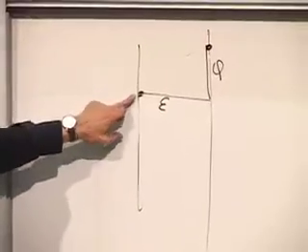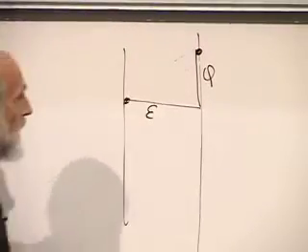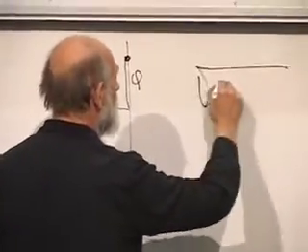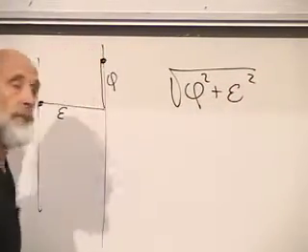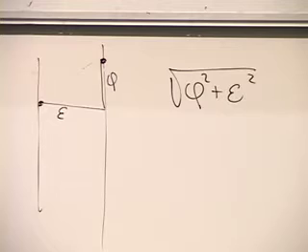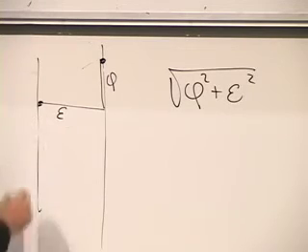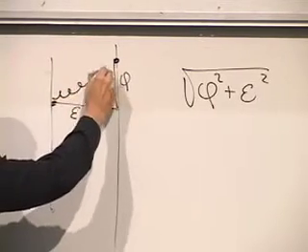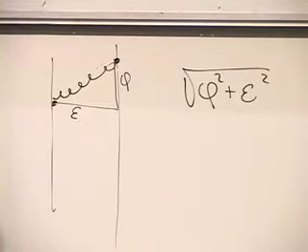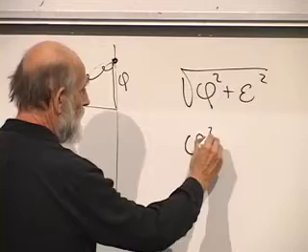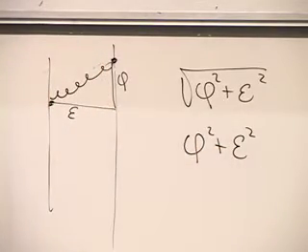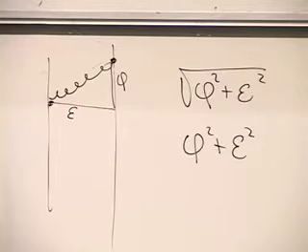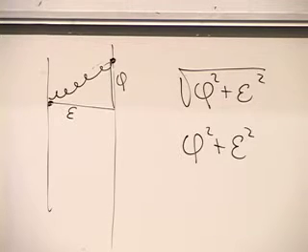What is the distance between this point and this point? Well, it's the square root of phi squared plus epsilon squared, right? But the energy in the spring is not proportional to the distance, but the square of the distance. The square of the distance is just phi squared plus epsilon squared. Right? So the energy in the spring is phi squared plus epsilon squared.